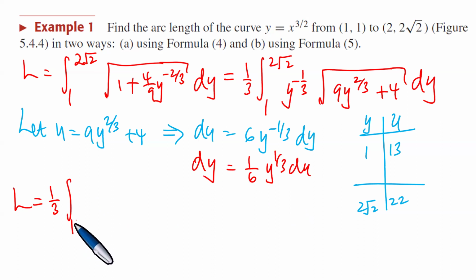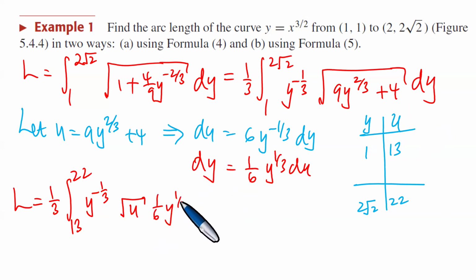And then now you integrate it from 13 to 22. Y to the power this. So you raise it to 3, and you have the square root of u. And then what is dy? dy is 1 out of 6, 1/3 du.